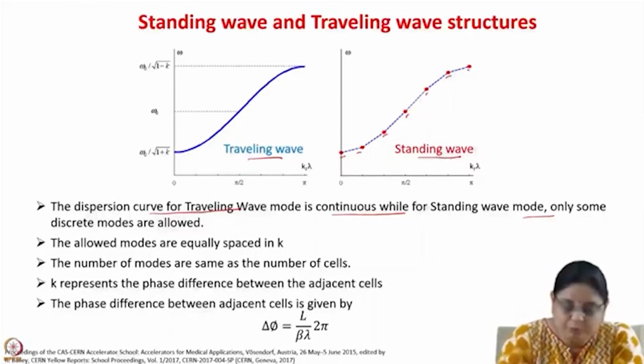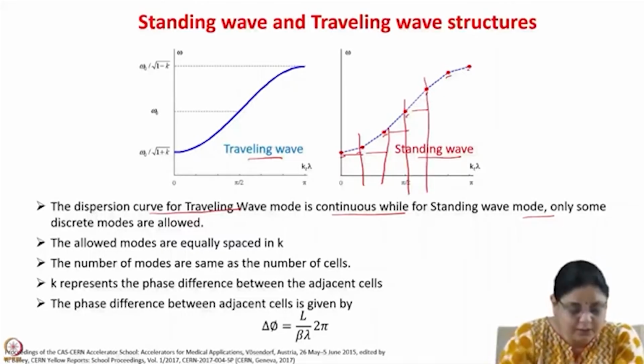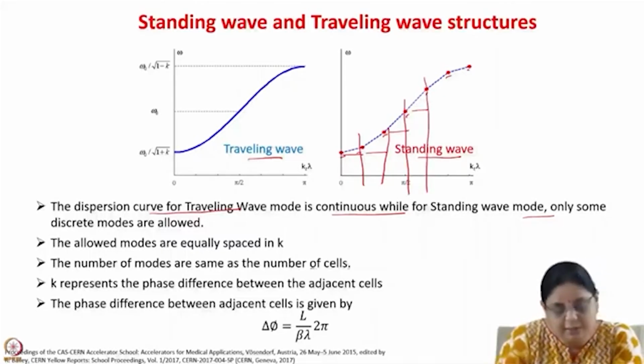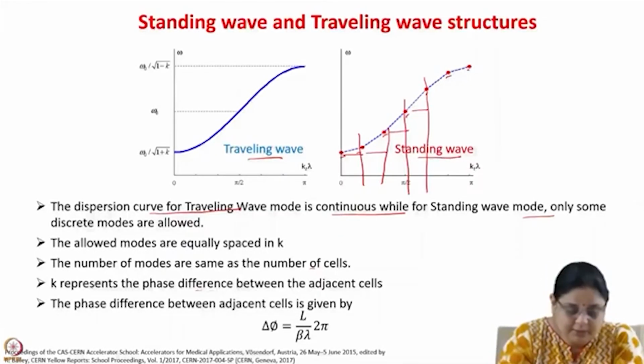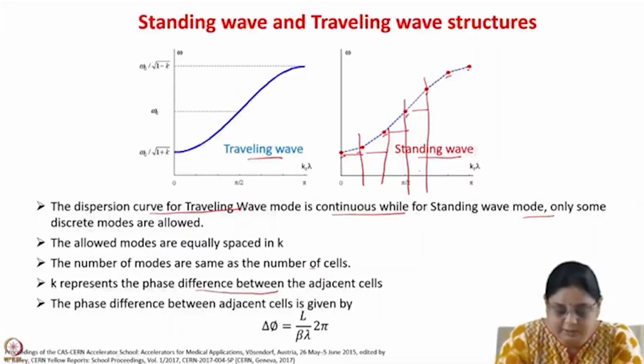Now these allowed modes are equally spaced in K. The number of modes is the same as the number of cells. So as many cells as you have, that many modes you will have. K represents the phase shift between the adjacent cells. And the phase difference between adjacent cells, del phi, is given by L upon beta lambda times 2 pi.